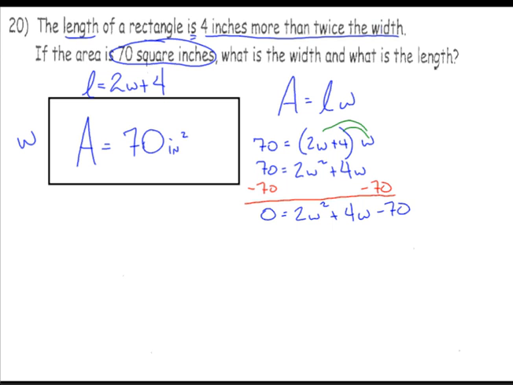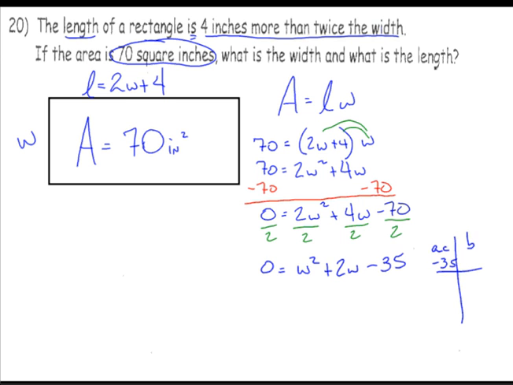I can divide everything by 2. So I now have 0 is equal to W squared plus 2W minus 35. I have my AC and my B. AC is a negative 35.